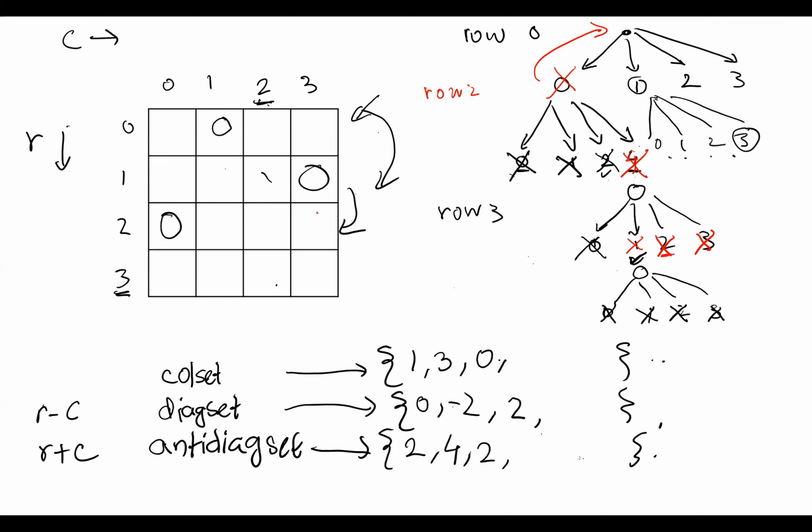Okay, so I put this. Next, I move here. I can't put here. I can put here. You can see that. So this one is going to be 2. This is going to be 3 minus 2, 1, and 3 plus 2, 5.